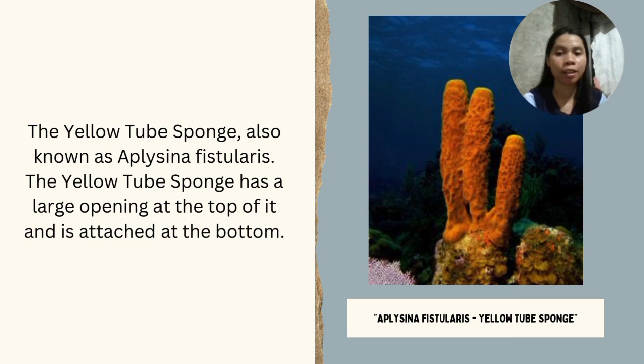The yellow tube sponge has a large opening at the top of it and is attached at the bottom. If they are exposed to the atmosphere, they will turn purple and black and die.